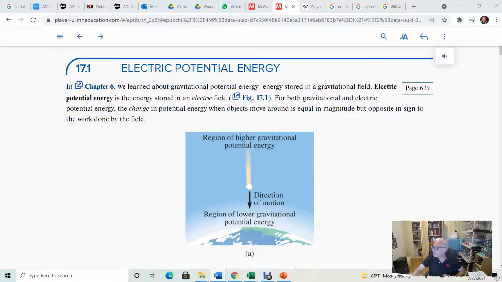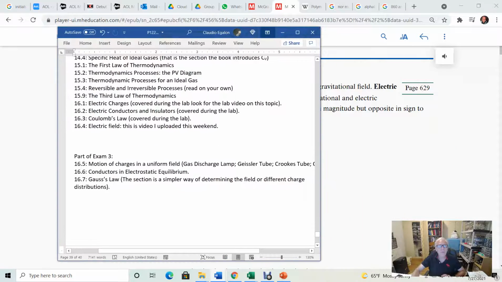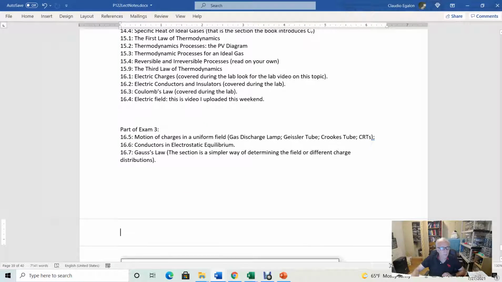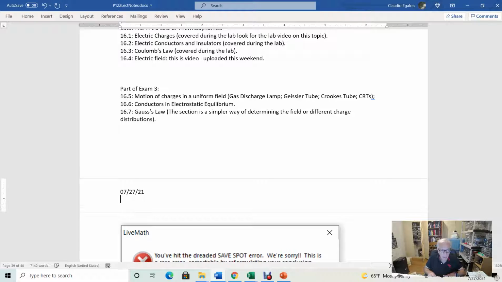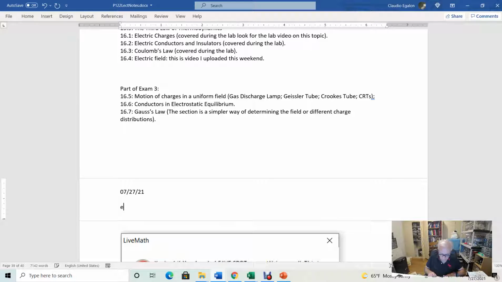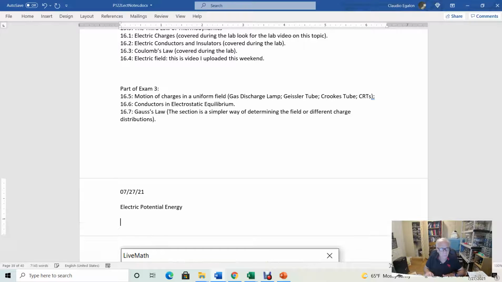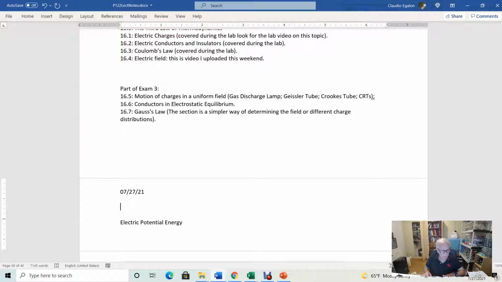Let's document everything that we're talking about. This is 27, 21. Electric potential energy. Let's go over the summary so far, right?